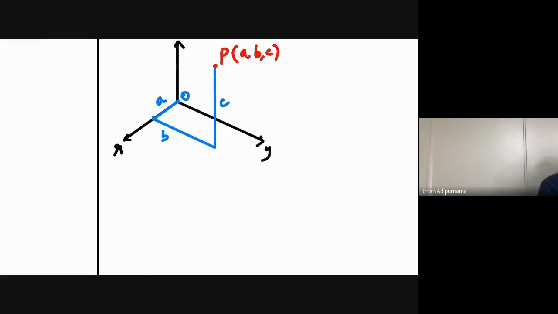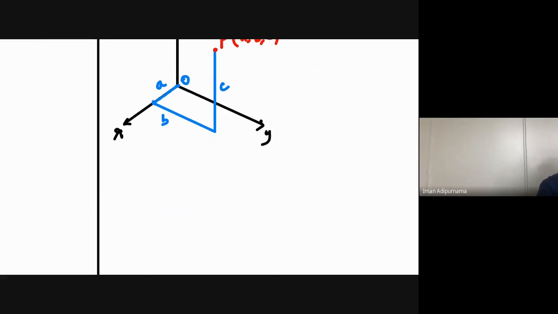Another thing that is important is the surfaces.